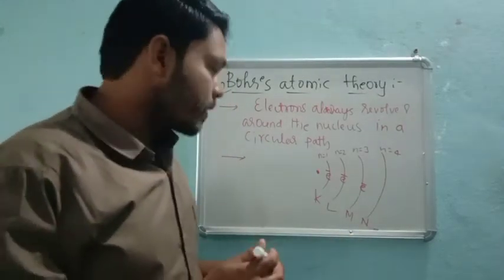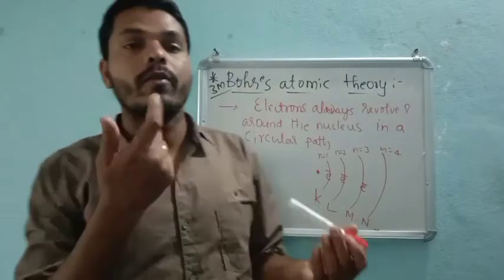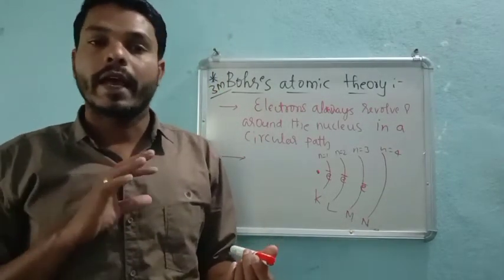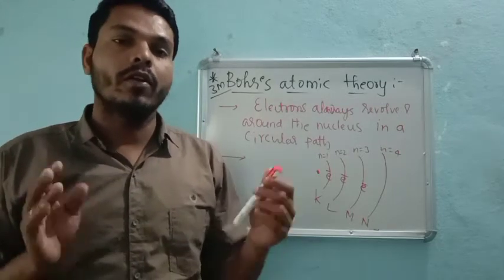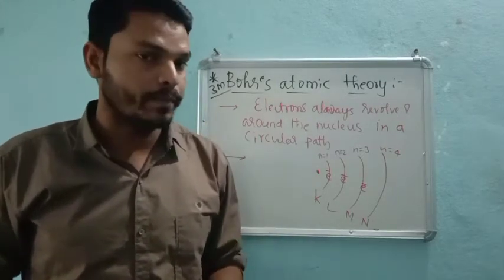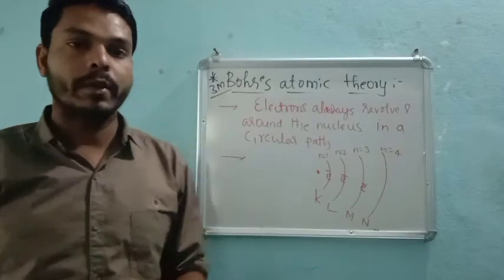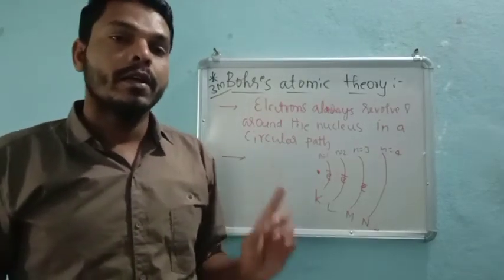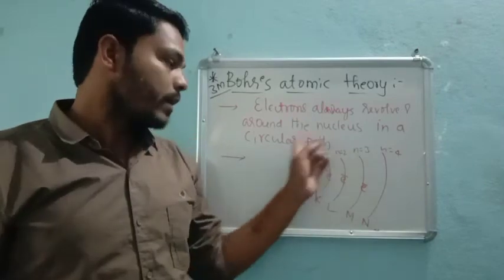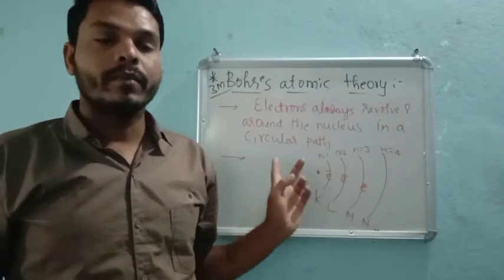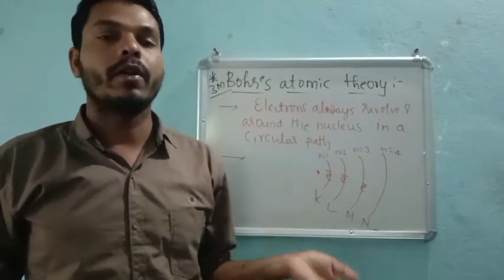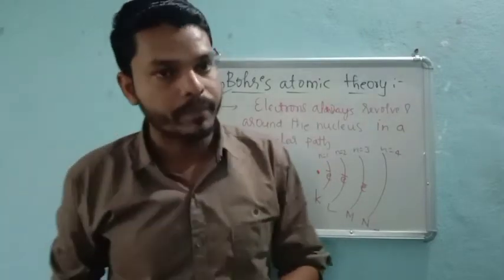But whenever the electron is revolving in its own orbit, definitely it neither gains nor loses energy. That is the fourth point.